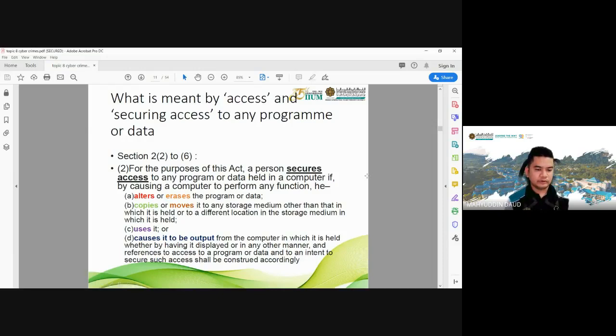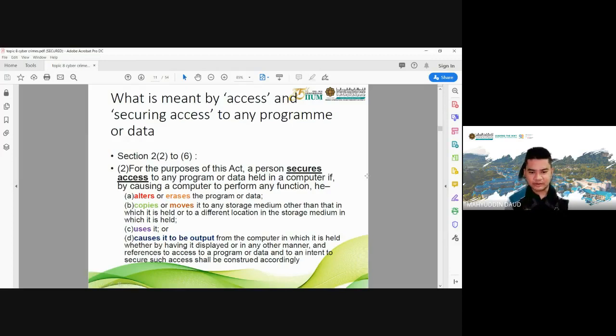So in the database, it says that you have to pay 2,000 ringgit for the flight ticket, and then you do some function, you enter some function. Suddenly, the figure, the RM, is altered to 0, and then you enter, and then voila, you get the ticket for free. So this is altering or erasing.